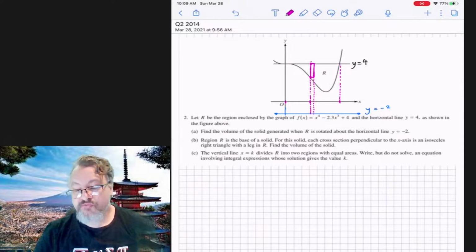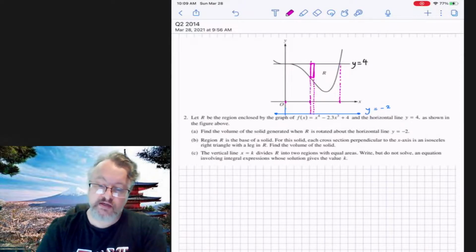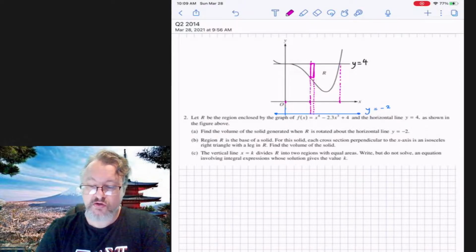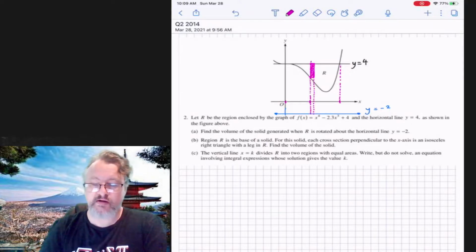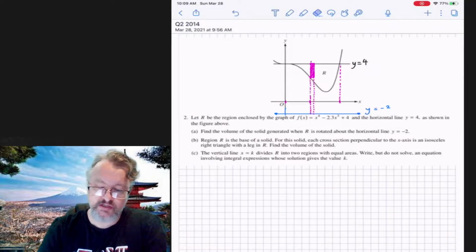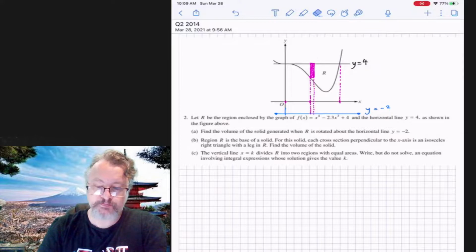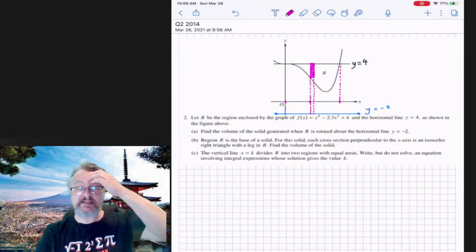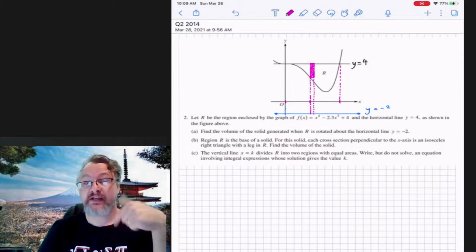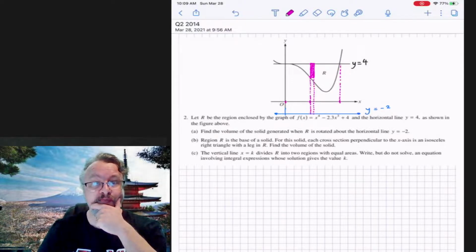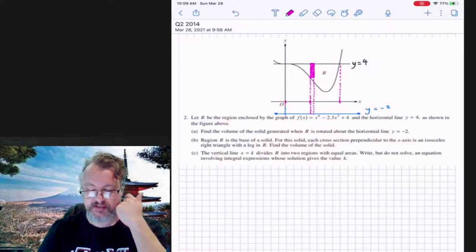If we had to find the area of this region R, I would just calculate the area of that little rectangle like this and go from there. As it is though, when I rotate this little rectangle around y equal -2, it's going to become a disk.